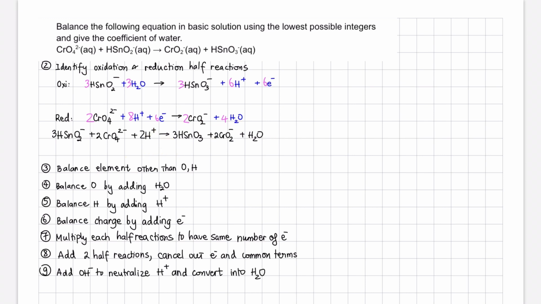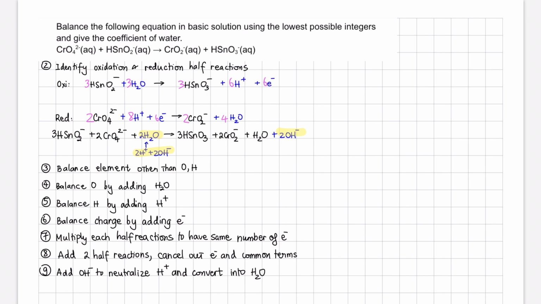Now moving on to step 9, it is to add OH minus to neutralize any H plus and to convert the H plus into H2O. So in the reaction right now, we see that there are 2 H plus on the left. So we need to add 2 OH minus on both sides. And that way the 2 H plus will be neutralized by 2 OH minus to result in 2 H2O on the left.